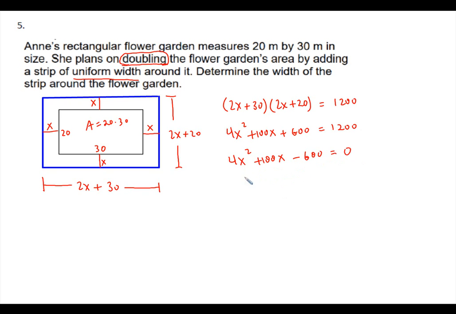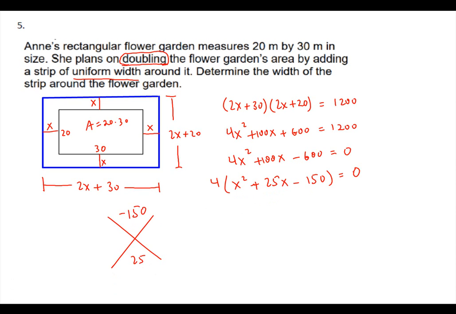I see a GCF. I'm going to take out the 4. So I get x squared plus 25x minus 150 is equal to 0. Now I'm going to do the x here. So a times c is going to give you negative 150. And we're trying to get a 25. Right? So we're going to find two numbers on the side.